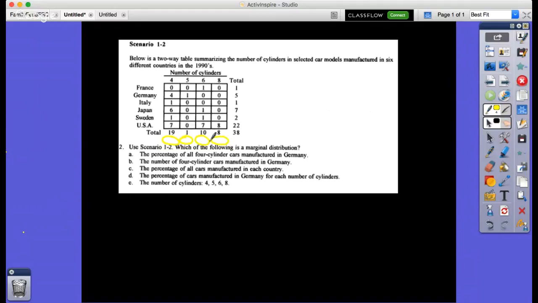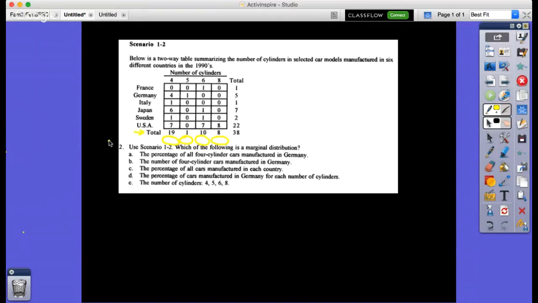Wouldn't that be where we put them, right? So we would do 19 of 38, and then this whole thing should add up to be equal to 1, right? Next is the number of 4-cylinder cars manufactured in Germany, right? Well, number is different than percentage, right? We'll come back to that. Number would be right here, the total, right?